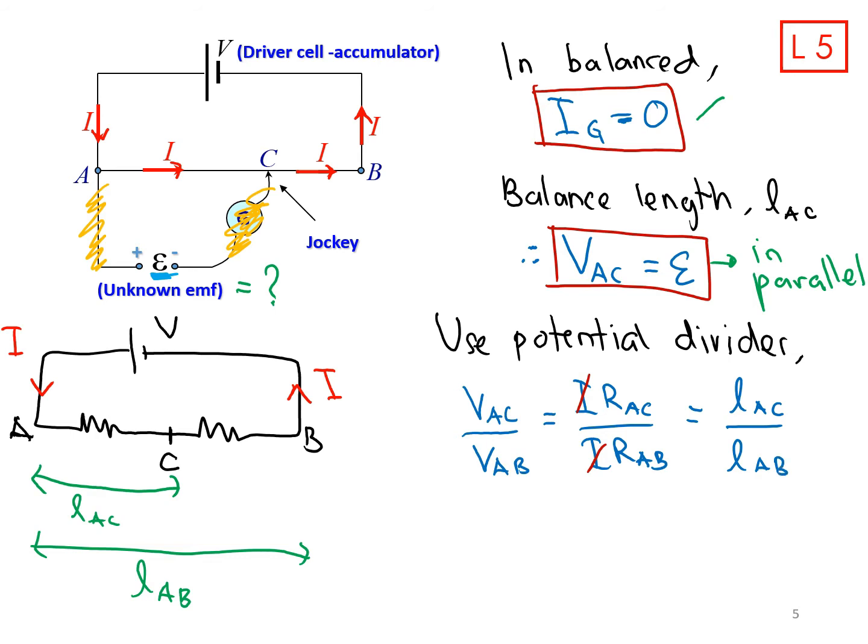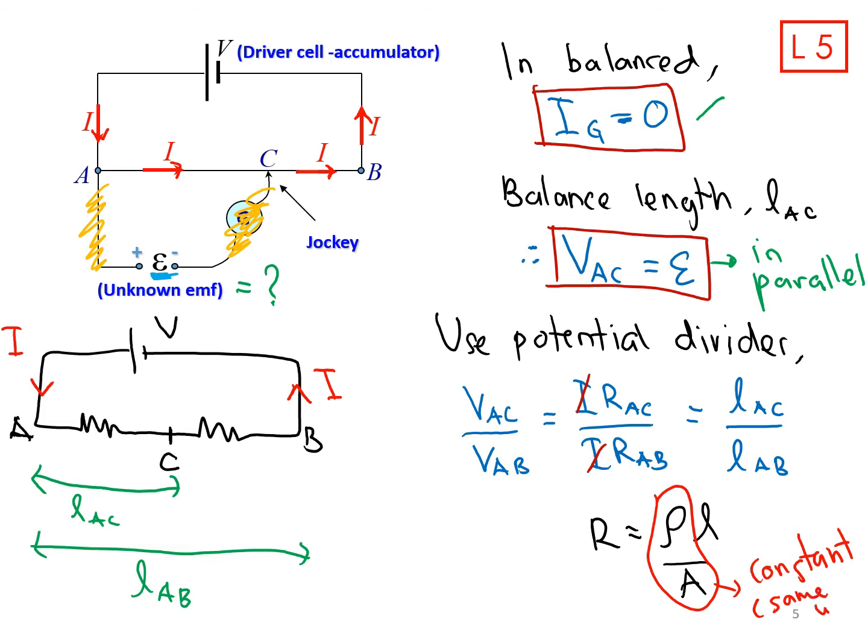Because we know the resistance of a wire is equal to resistivity times the length over the area, and rho and A are constant values, the same wire. Now, resistance is directly proportional to the length, so we just change it.